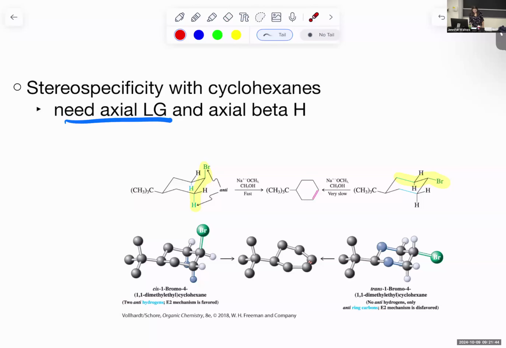So when we're comparing these two rings, both of these are going to be locked. Quick, what's the relationship between them? Okay, maybe not quick.